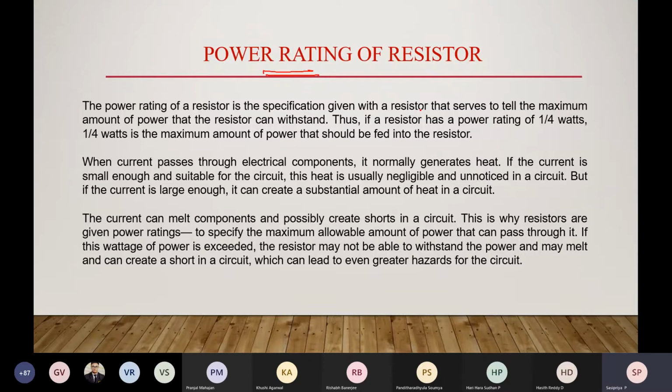Whereas when we handle the high-rating rheostats, I mentioned wire wound rheostats, which handle current in the range of amps, kilowatts, we have to be very careful when we use those kinds of rheostats. If there is any open circuit or any excess current, then it will blow off. It will cause damage to people.